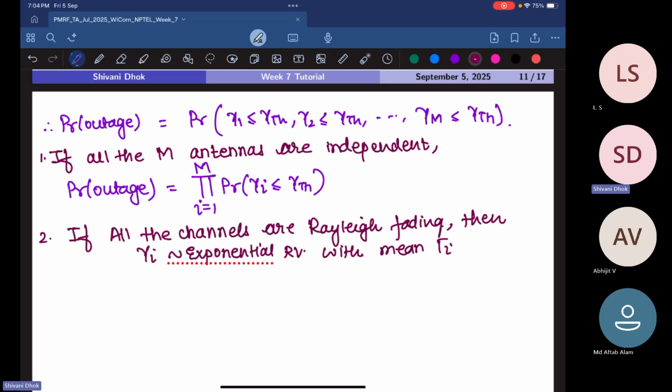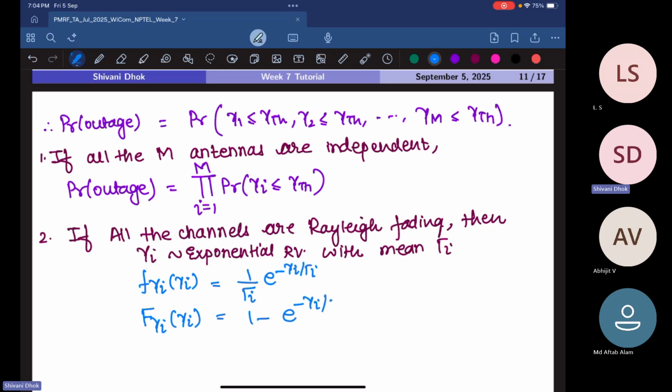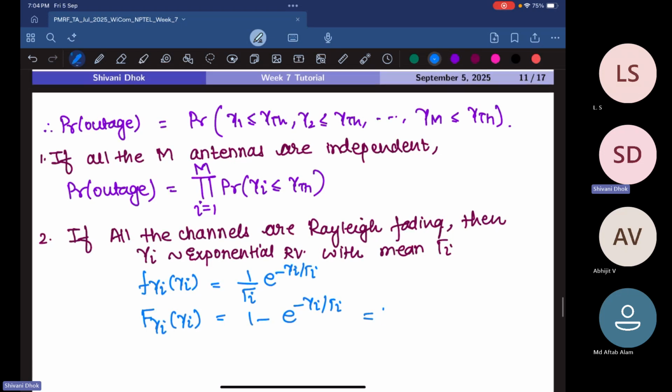Then the PDF of gamma i is given by 1 over capital gamma i into e power minus little gamma i by capital gamma i, and its CDF is given by 1 minus e power minus gamma i by capital gamma i. The CDF is basically the probability that your gamma i is less than or equal to some gamma.